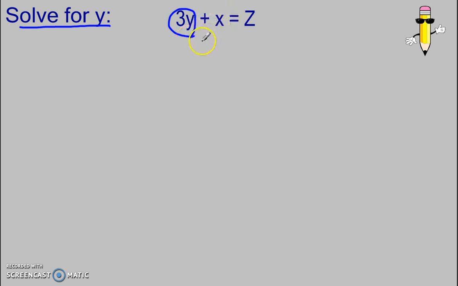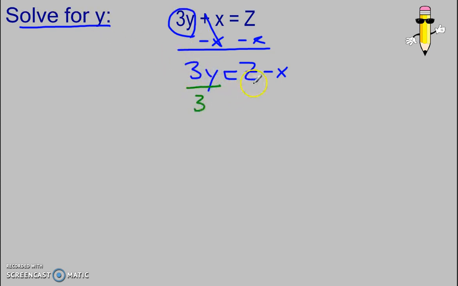So I need to get rid of the x, subtract x from each side. Now, since there is no value of z minus x, I'm just going to write that expression, z minus x. And then I want to still get the y by itself, so I have to divide by 3 on each side.